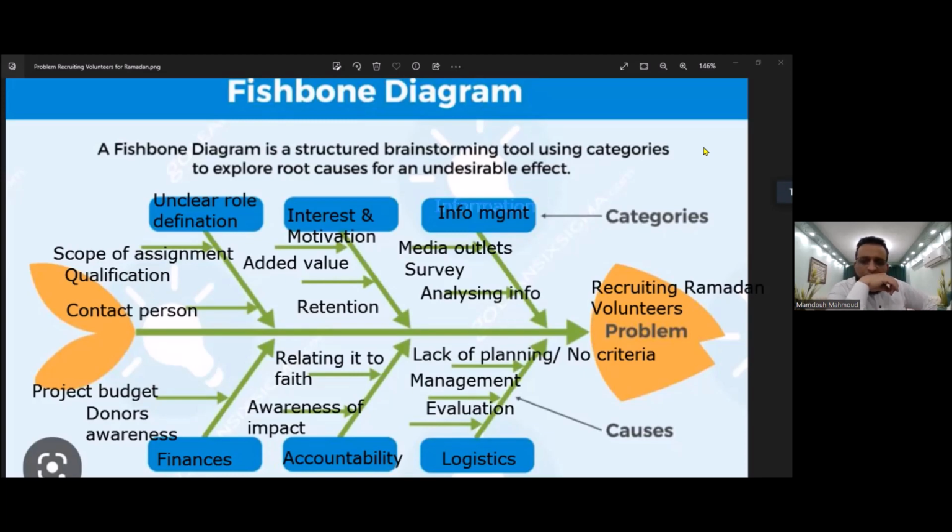Okay, so we have those three in our head now. So I want you to look at those six main causes, and we have about 18 sub-causes. All right?